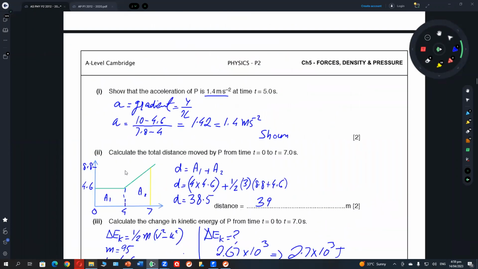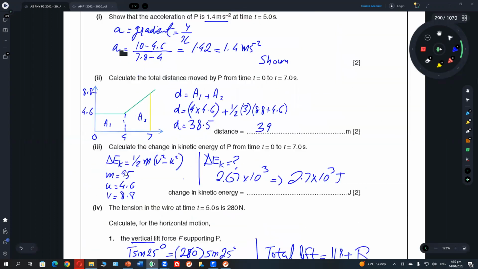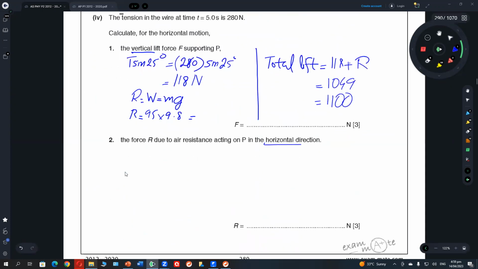So first we should see what is the horizontal tension. Horizontal tension is T cos 25. You can see the direction of motion, and there will be a drag force on this whole apparatus. So first we find T horizontal, that will be 280 cos 25.